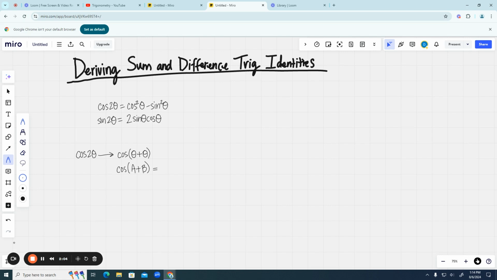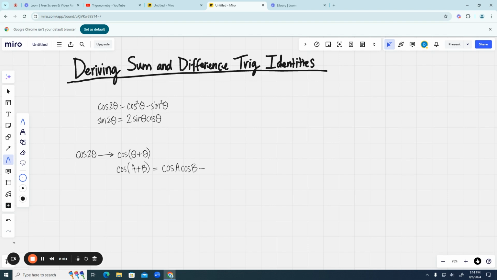So to make it look like that, I'm thinking I can just multiply two cosines together. And there's a subtraction sign in between, so I put that there.